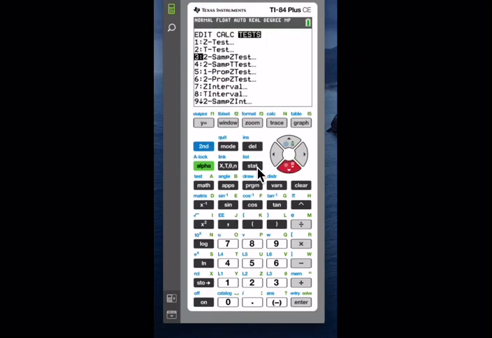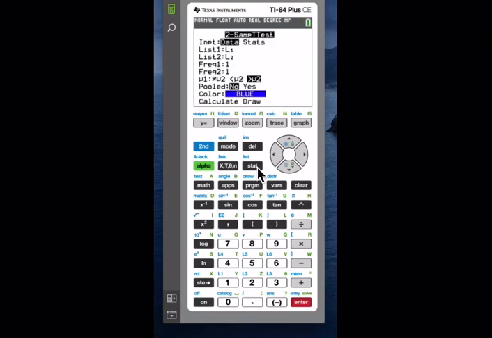Stats, tests. Now this time we go to 2-sample t-test. So we're going to go to stats, and now the first sample mean is 106.3. The first sample standard deviation is 12.41, and the first sample size is 50.